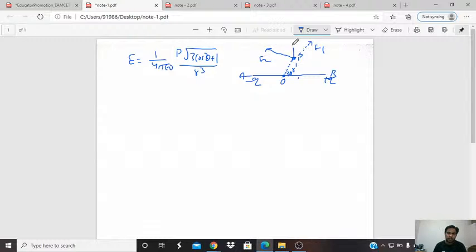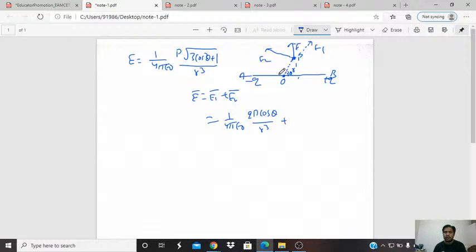So the resultant is E bar equal to E1 bar plus E2 bar. What is E1 bar? Along the axial line it is 1 by 4 pi epsilon naught times 2p by r cube, that is 2p cos theta by r cube.